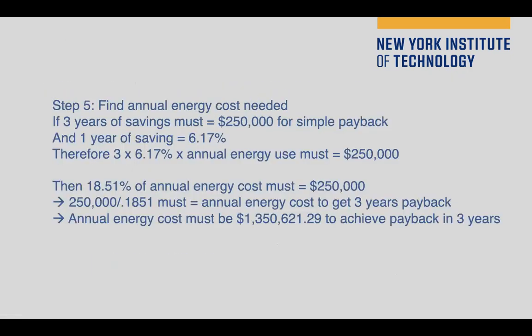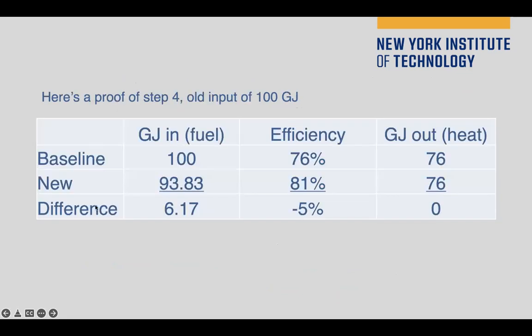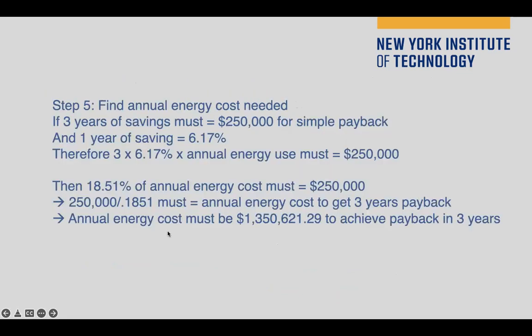So on this logic, 3 years of saving can achieve 250,000. Then 1 year of saving is 6.17%. That is what we figured out here.